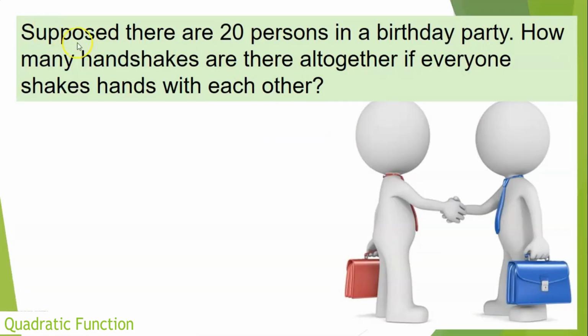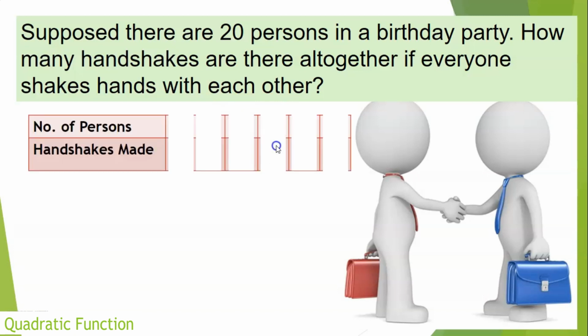Next, suppose there are 20 persons in a birthday party. How many handshakes are there altogether if everyone shakes hands with each other? So how do we answer this one? We will make a table. So we have here the number of persons and the handshakes they can make. If there is only one person in the party, no handshake is possible.